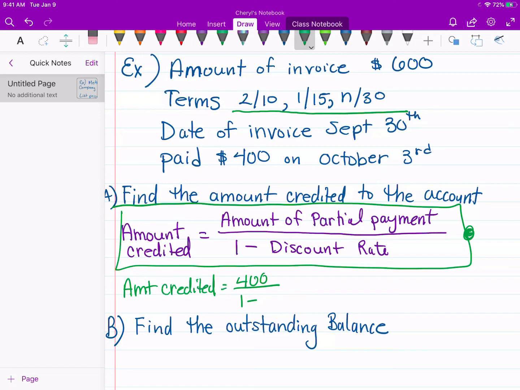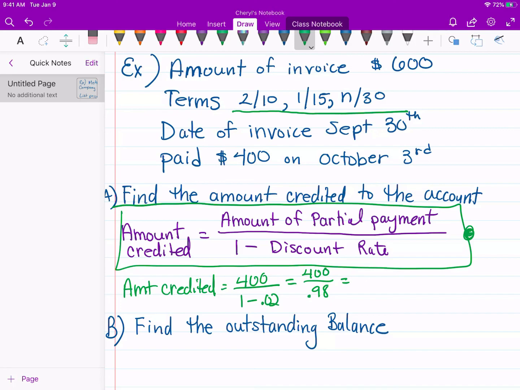To figure out the amount of the discount, they pay on October 3rd. That is within the 10-day time frame from the invoice date, so they get a 2% discount. I'm going to take 1 minus 0.02 in the denominator, which gives me 400 over 0.98.